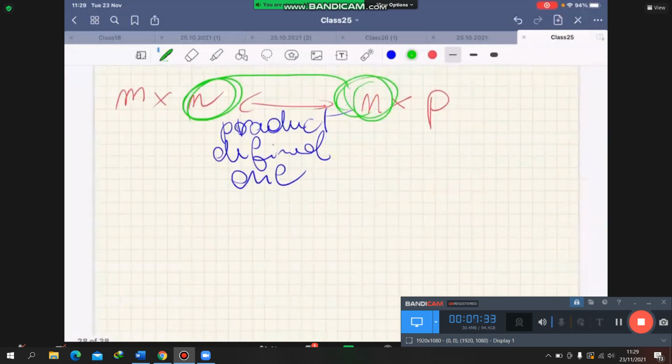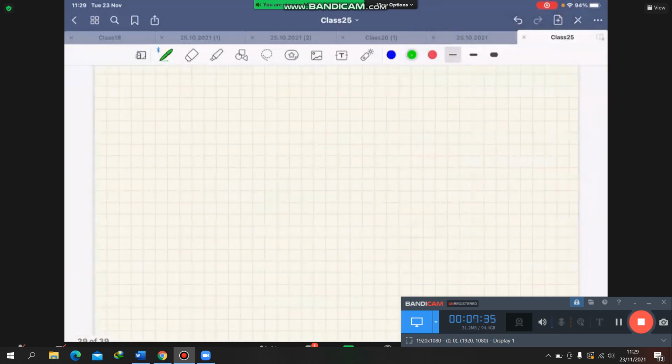Let's try to represent it here. So here you have an m by n matrix. Let's represent it through its row vectors.